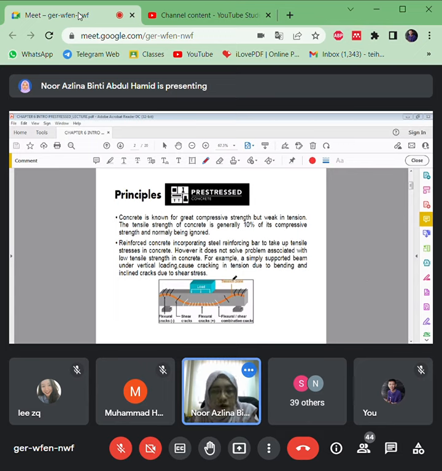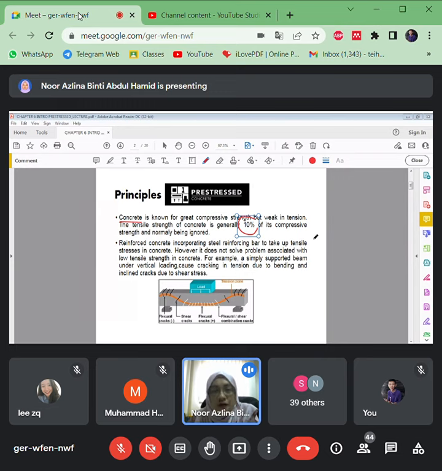As we know, concrete is very good in compression, right? But weak in tension. It has only about 10% tensile strength compared to the compressive strength of concrete. So that's why in design we just ignore the tensile strength of the concrete.